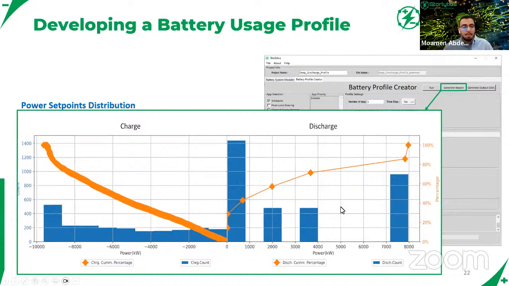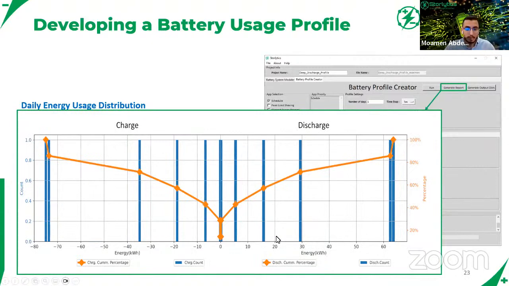The same goes for the energy. So, yep, this graph tells us the same thing. So you can see on a daily basis, if you're simulating 30 days, you will get a histogram of what energy level at each day you are operating your energy storage system the most.